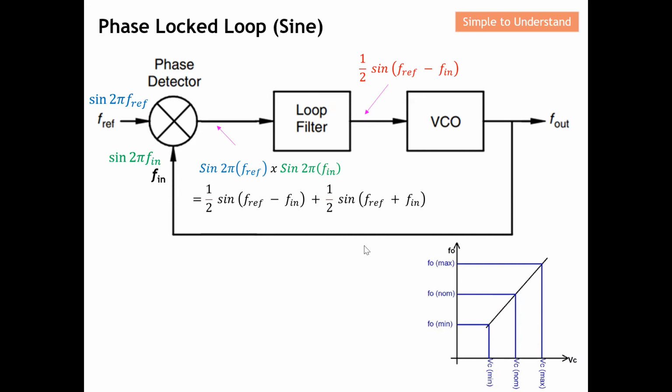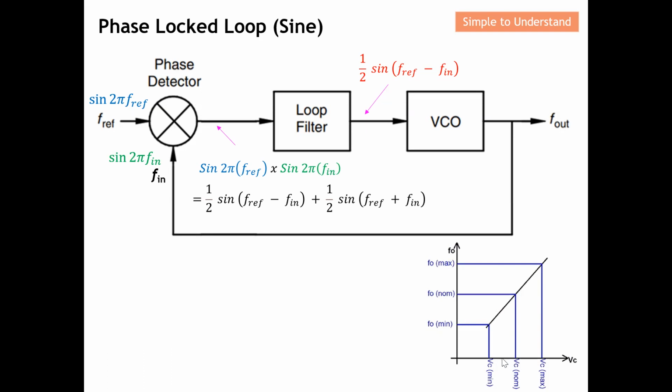This goes on and on until F reference is in phase with F in. Then this will be locked, which means it becomes a phase lock loop, with a constant frequency at the output of the phase lock loop. I hope this is clear.